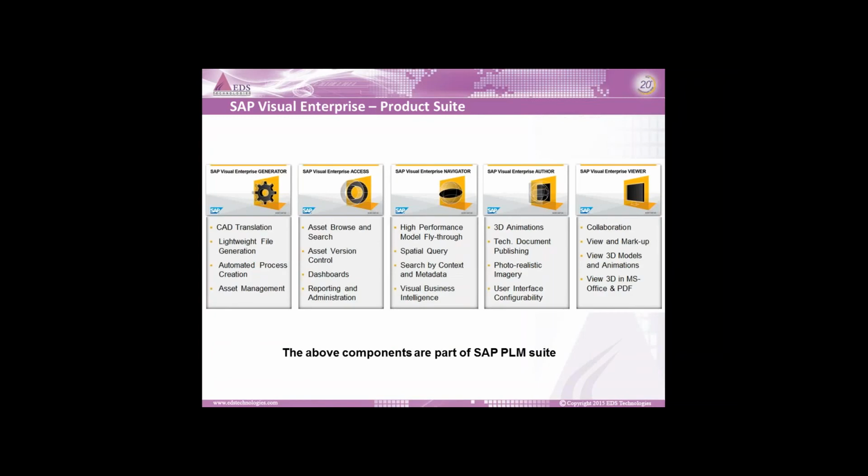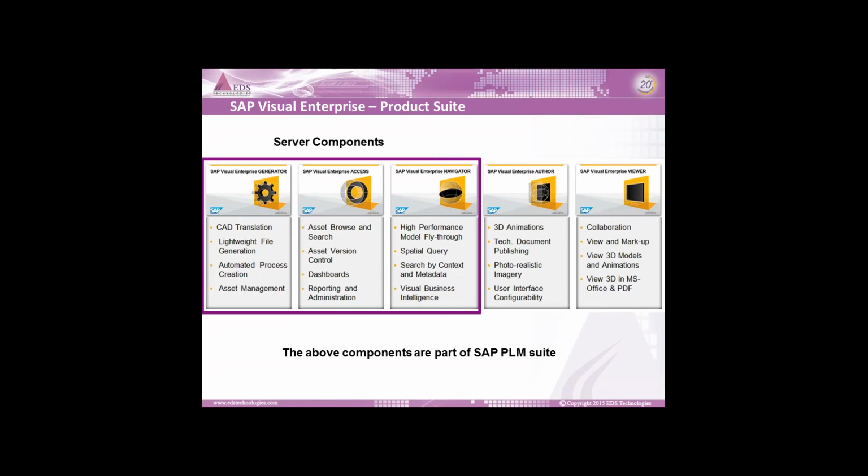So moving down, we see what products are available from SAP which can address these issues. On the left-hand side we see the server-based components. These components sit in the ERP landscape as an integrated environment consisting of your generator and access, which helps you convert any of your CAD-related data coming from sources like Unigraphics, CATIA, SolidWorks, Solid Edge, any mechanical CAD software.